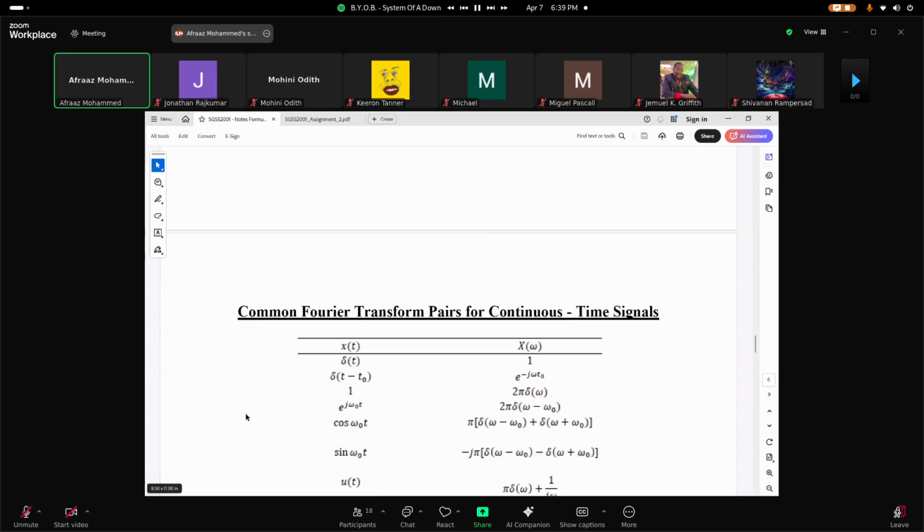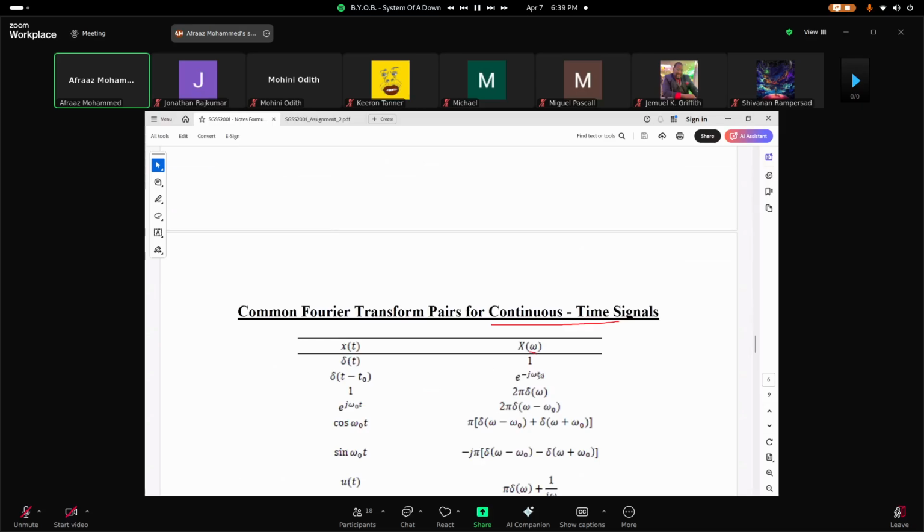After that, you have the Fourier transform. One thing to note is that the Fourier transform has two different categories of tables: continuous time signals and discrete time signals. One way of differentiating between them is the omega term.